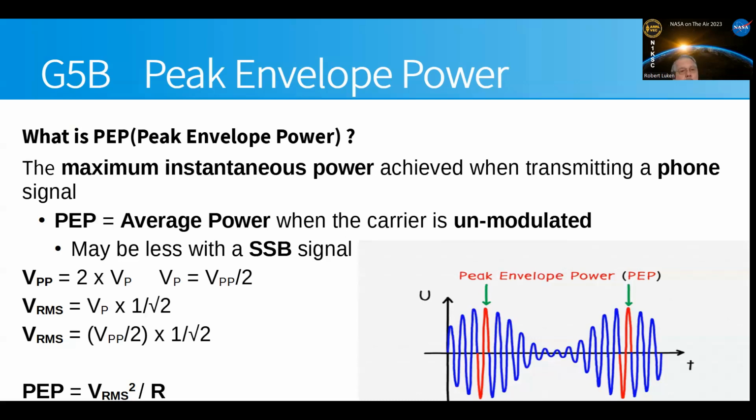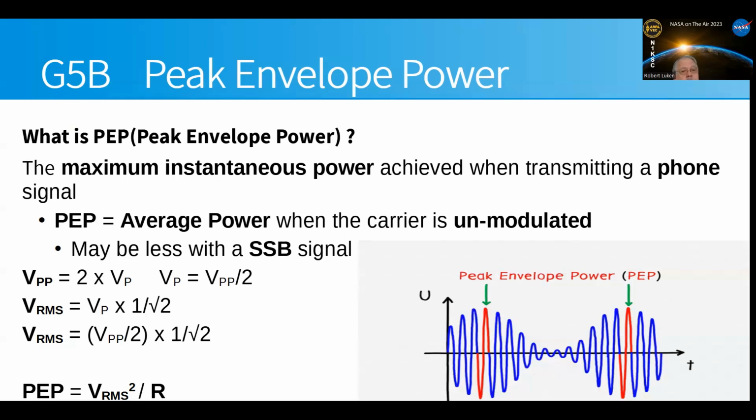Okay, so we know that the peak-to-peak voltage is going to be twice the peak voltage, and that the RMS is going to be the peak voltage times 1 over the square root of 2, or 0.707. Because we already did RMS.